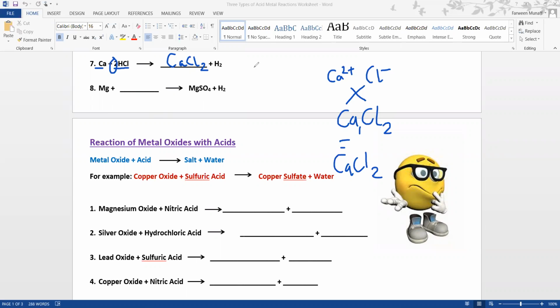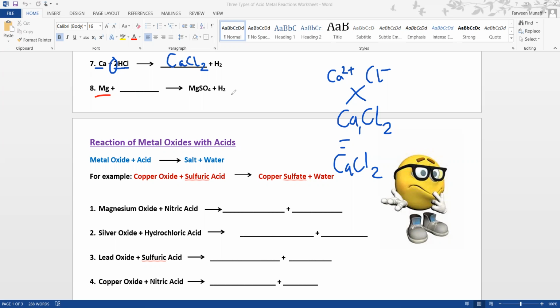What about the next one now? The next one says magnesium plus something gives us magnesium sulfate plus hydrogen, so we're kind of working backwards now. In this one, you'll have to actually look at your valency table, because this one is not as straightforward as the previous one.